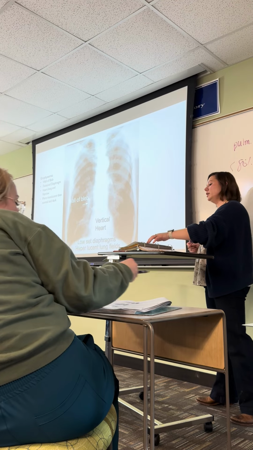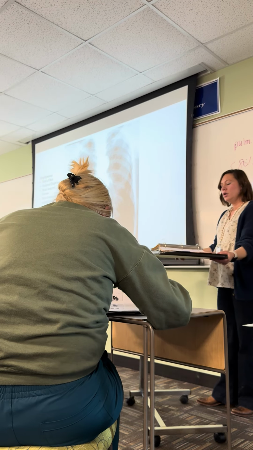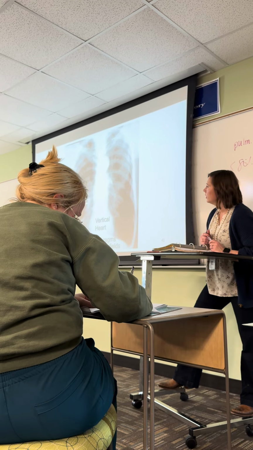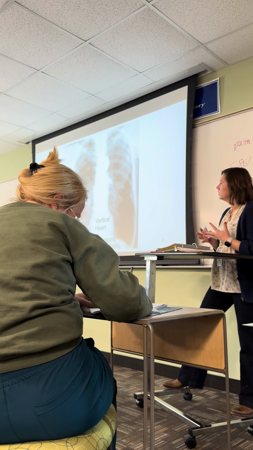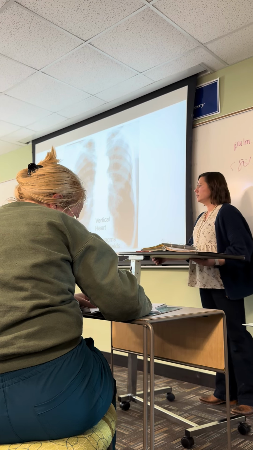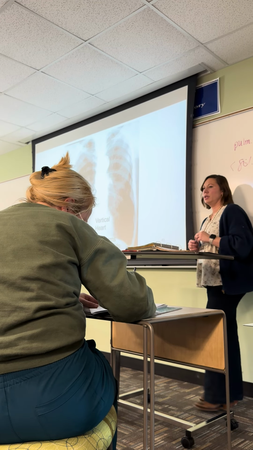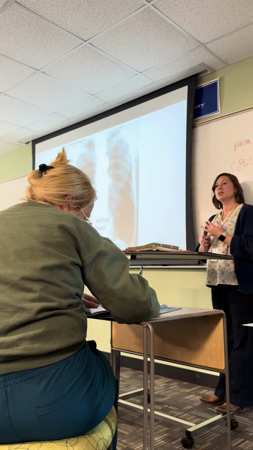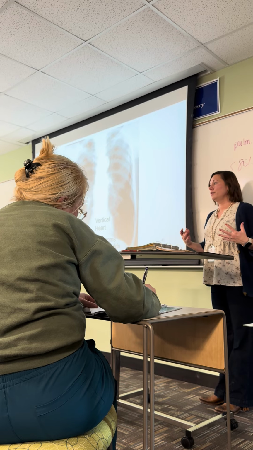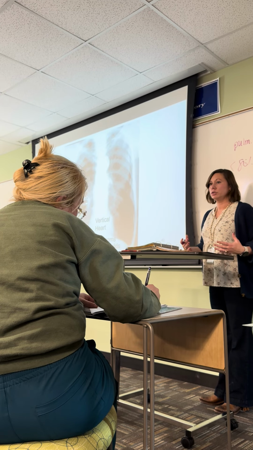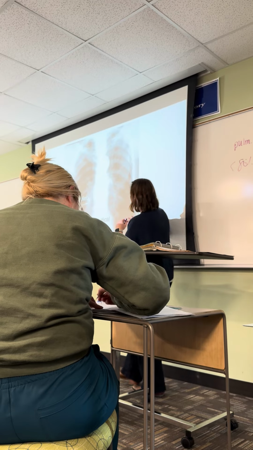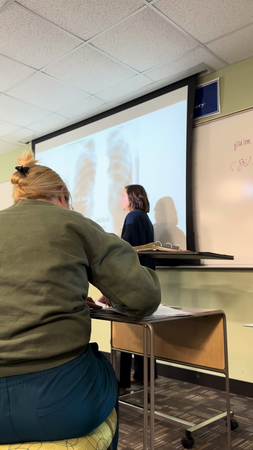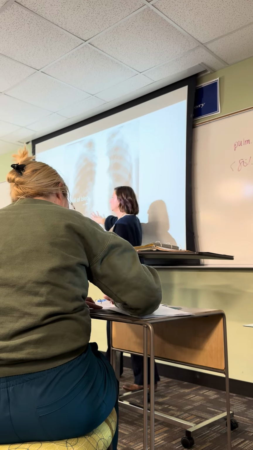So when I'm talking about chest x-rays, which we'll get into next week a little bit, translucent is going to be more dark than the white, okay? So white is typically our bone, tissue, secretions, fluid that's in our lungs. But if you have a lot of air, it's going to be dark, okay? So if I have a lot of air, like my emphysema patients, they're just totally hyperinflated, you're going to see a lot of dark, okay?